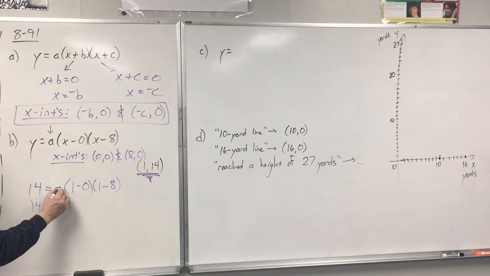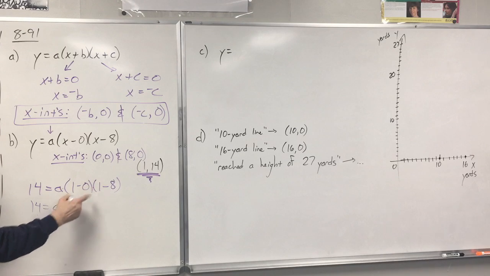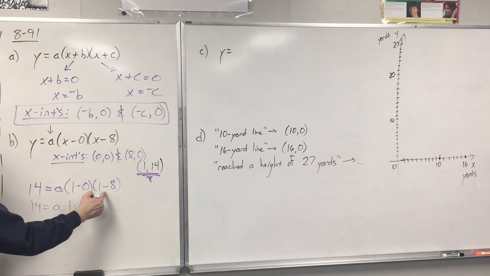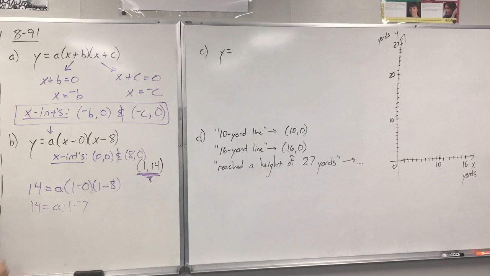Multiplication is happening in here. 1 minus 0 is 1. 1 minus 8 is negative 7. So my equation is a times negative 7 is 14. From all those equation solving things, all I have to do is divide, and I get that a is negative 2.